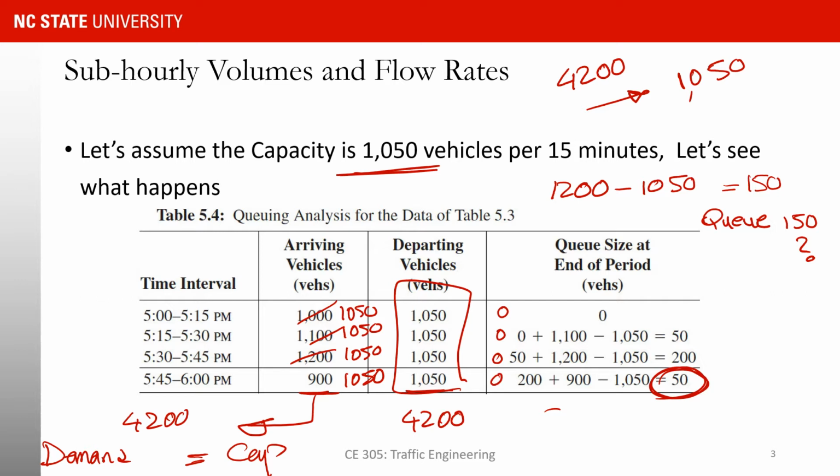But because we have variations in traffic and vehicles do not arrive in the same amounts within each 15 minutes, you see this 50 vehicles queue that I have here. And for that reason, within the hour, we go and we select the peak 15 minutes of that hour, and we design the road based on that.